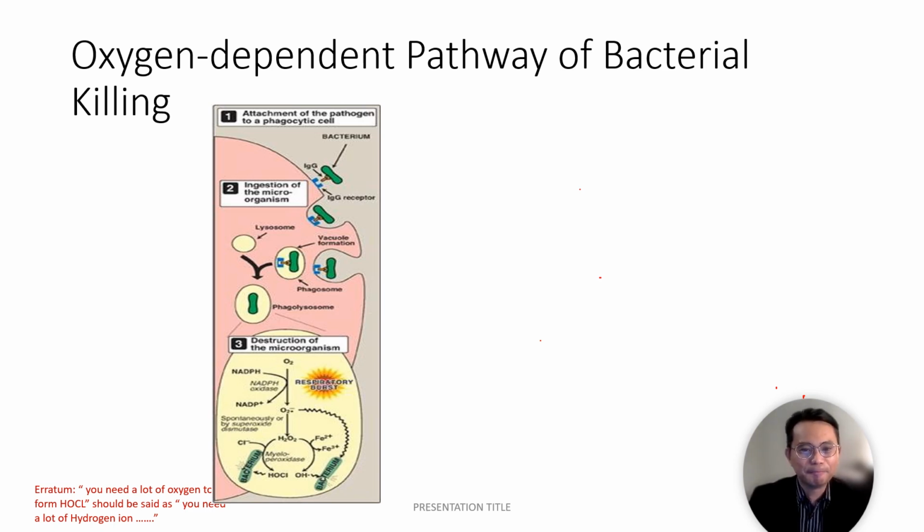So now, after the recognition, the bacteria will be attached to the neutrophils or the macrophages. And then the bacterium is being engulfed through the process we call endocytosis. It will now be incorporated into a phagosome, then into a phagolysosome. Okay, here, let me see if I can use my pointer.